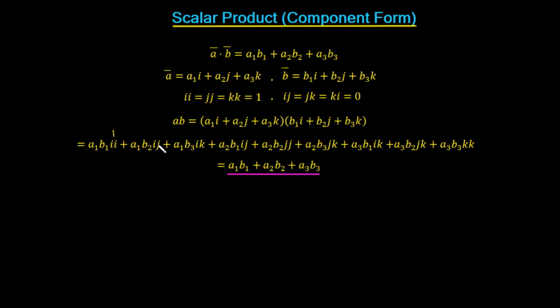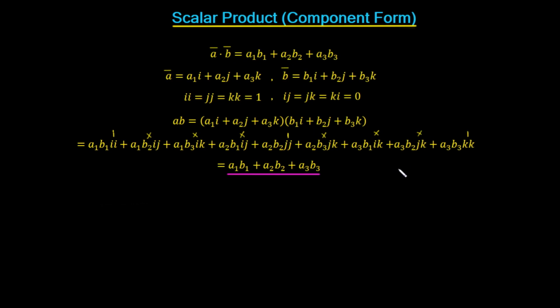The i times j, well, that's going to be 0. So this term here will cancel out. And again, the i times k will cancel out. The j times j will give you a value of 1. This is going to cancel out because it's jk. Ik cancels out. The jk cancels out. And the kk gives us a value of 1.